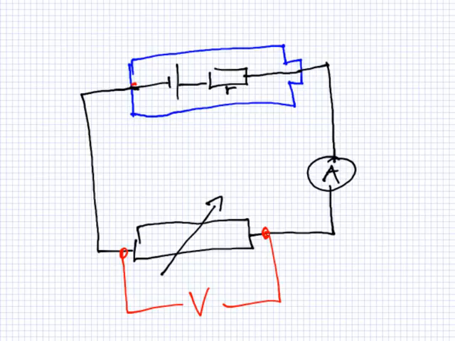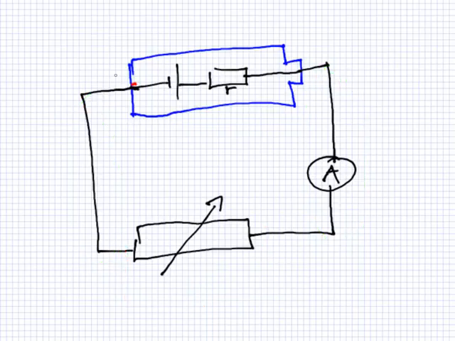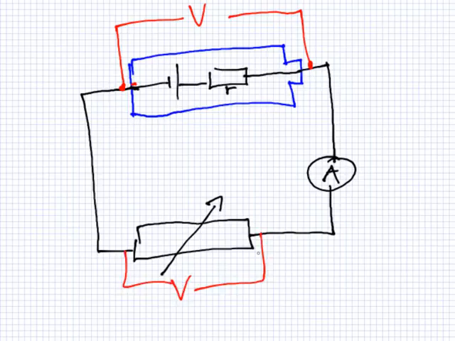Will it be the same? Yes, because look, there's nothing here and there's nothing here. There's nothing happening here. If you put this up the top, it's the same as being down the bottom. Like this. No difference.